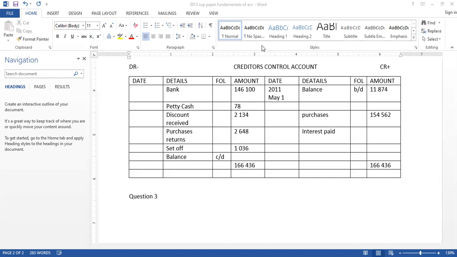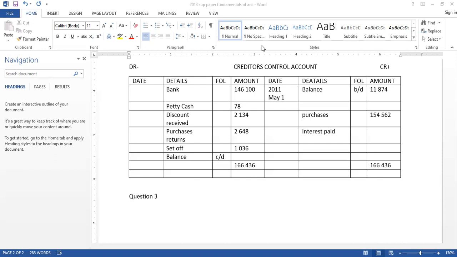Let me say Game is one of your suppliers. Game will send you your statement, and then you will have to compare and come up with a reconciliation statement of Game, to reconcile if your creditors ledger of Game is not balancing with the statement that they sent to you.